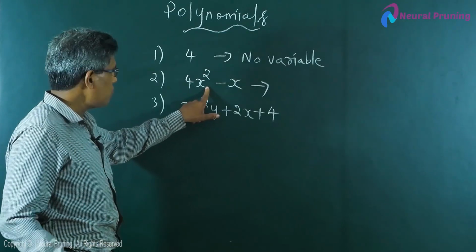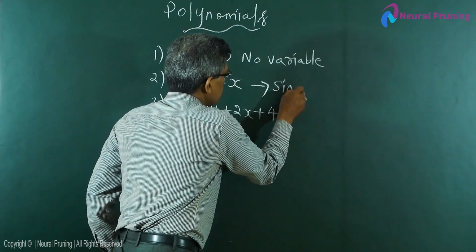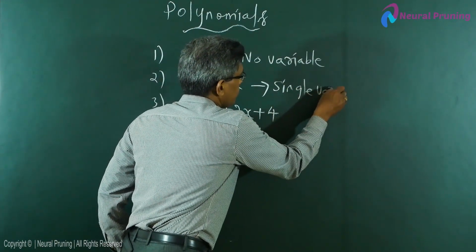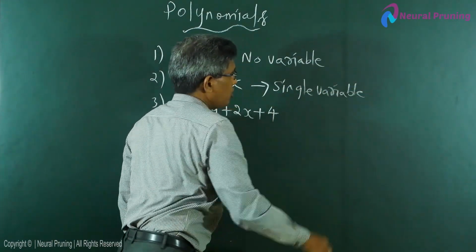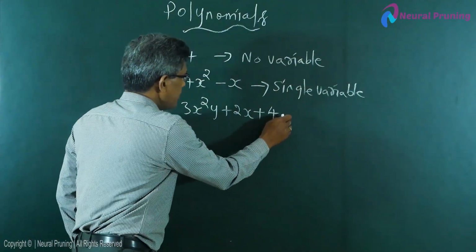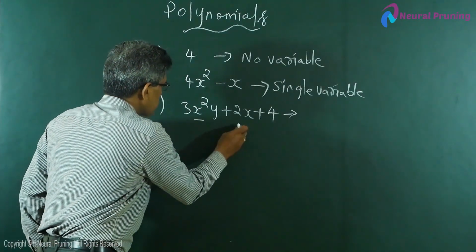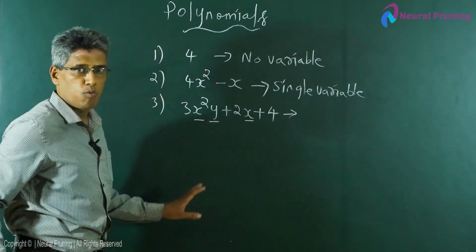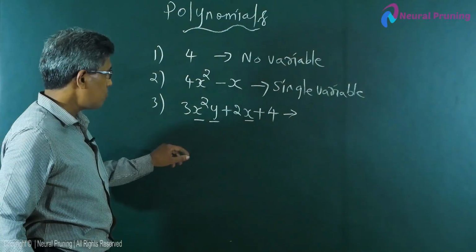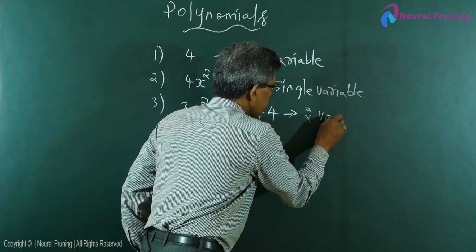There is a single variable associated with it, so this is an example of a polynomial represented using a single variable. In the third example, if you care to observe, you have x, you also have y. In other words, this is a combination of two variables.